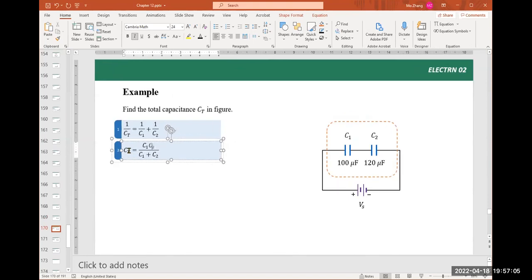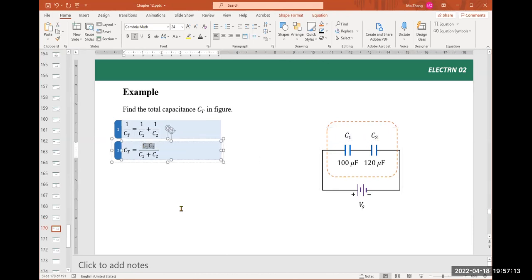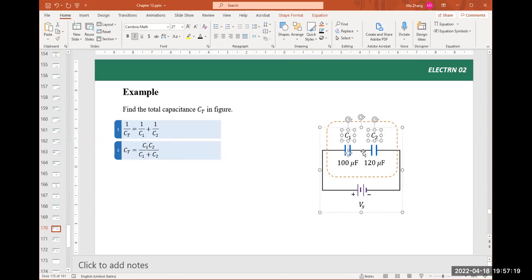The total capacitance is the first capacitor's value times the second one, divided by the first capacitor's value added to the second one. This is very similar, right? Actually the same as the parallel resistor formula.